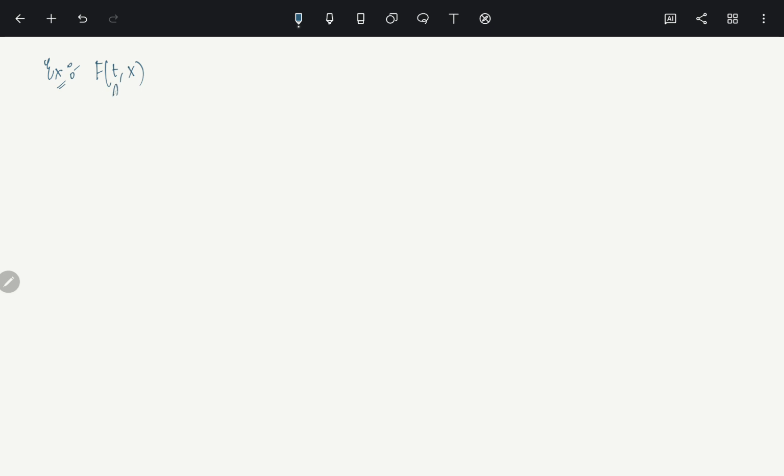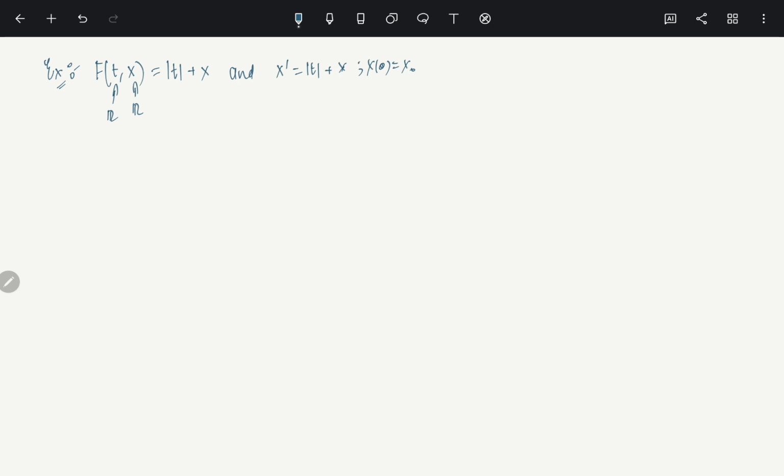So let's say t is in R and x also is in R. Now if I take f to be mod t plus x, the equation will look like this: x prime equals mod t plus x, and x of 0 equals some x naught. It's just an ODE. Now the question is whether this ODE has a solution or not.